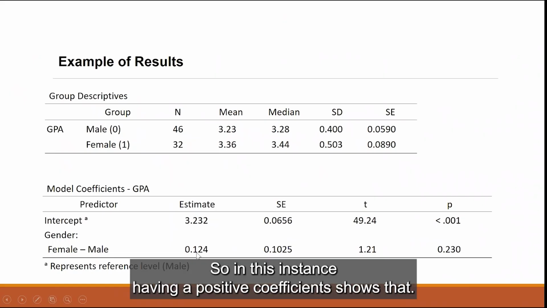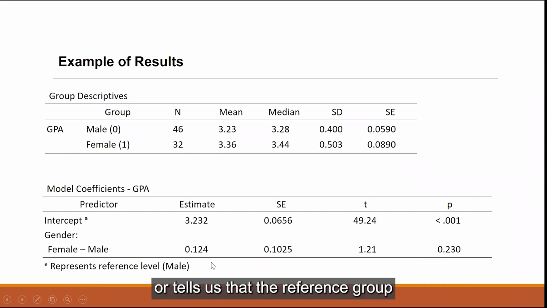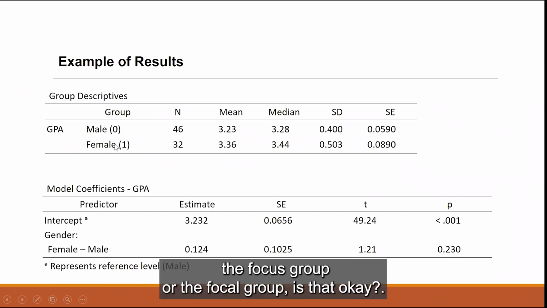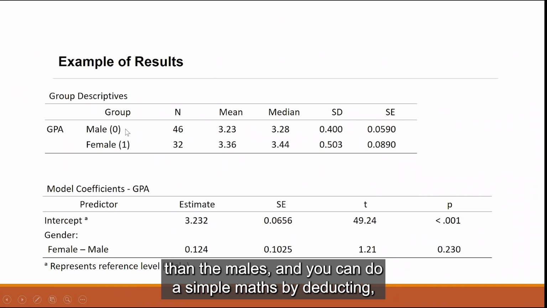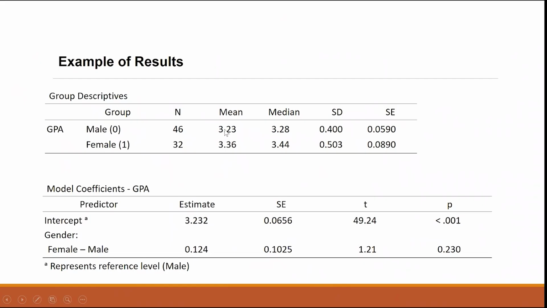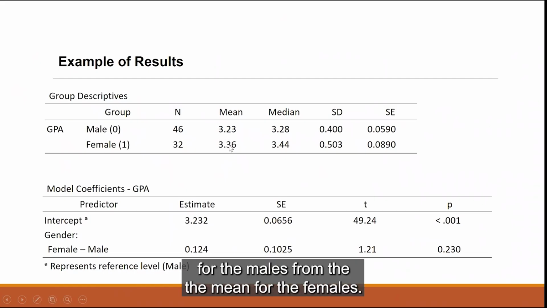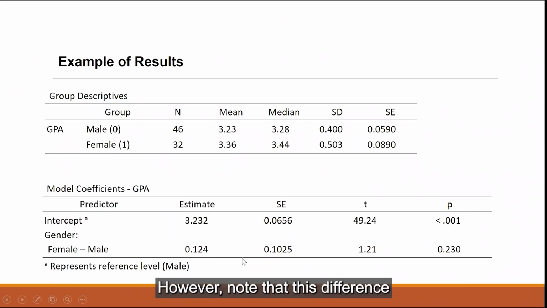So in this instance, having a positive coefficient tells us that the reference group has a lower GPA than the focal group. Is that okay? So females have a higher GPA than the males, and you can do simple math by deducting the mean for the males from the mean for the females. However, note that this difference is not statistically significant.